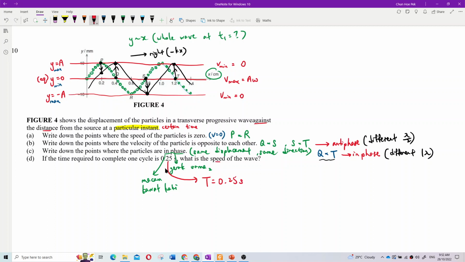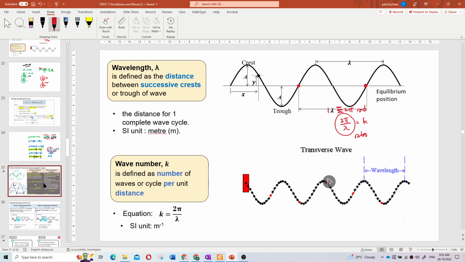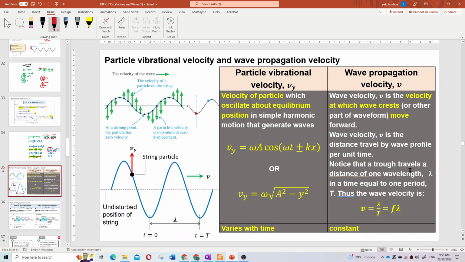What's the speed of the wave? How to find speed of the wave? Apa formula dia? Wave propagation speed velocity, apa formula dia? Lambda over period, atau F lambda lah.